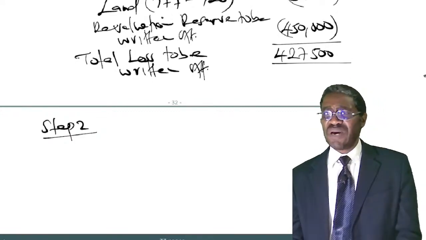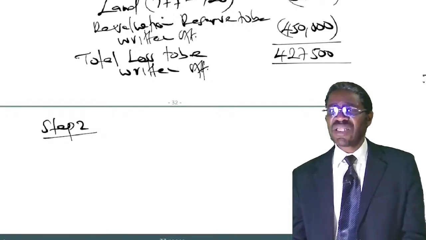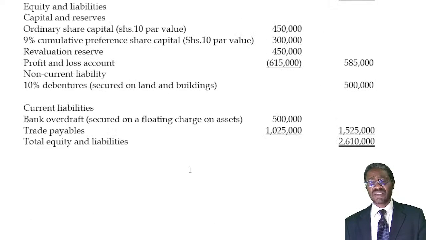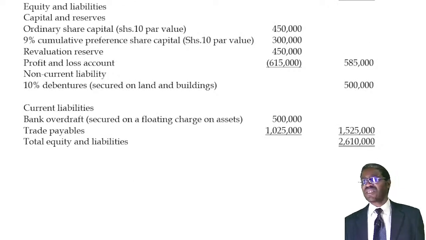So I go back to the balance sheet and I want to know which liability was secured on a particular asset. If you look at the balance sheet, among the non-current liabilities, we have the 10% debenture, which was secured on land and building. And the value I can see here is 500.